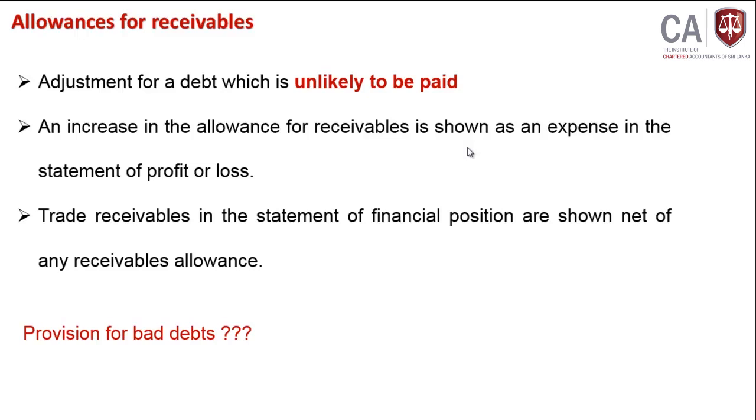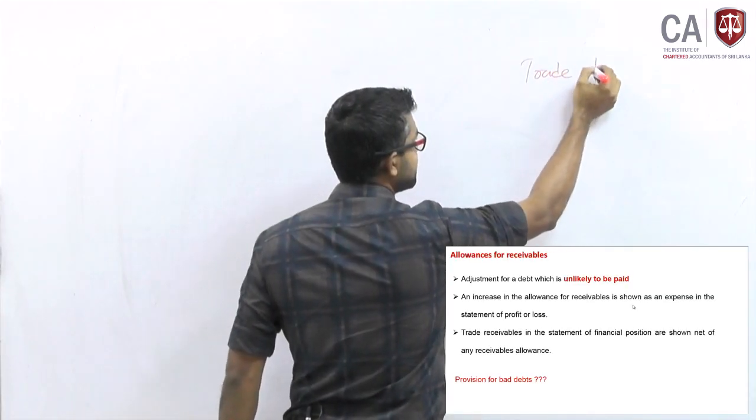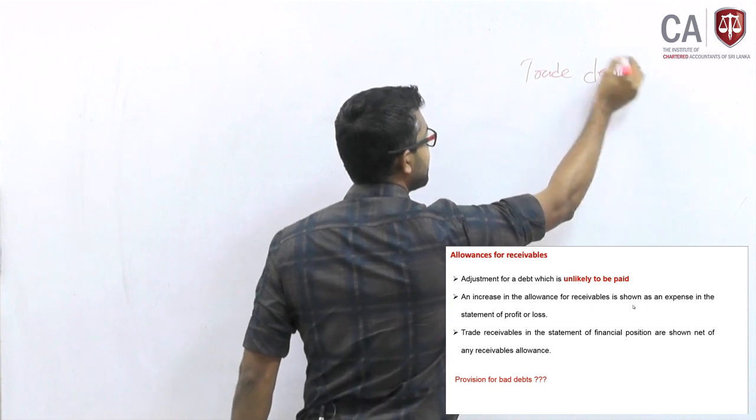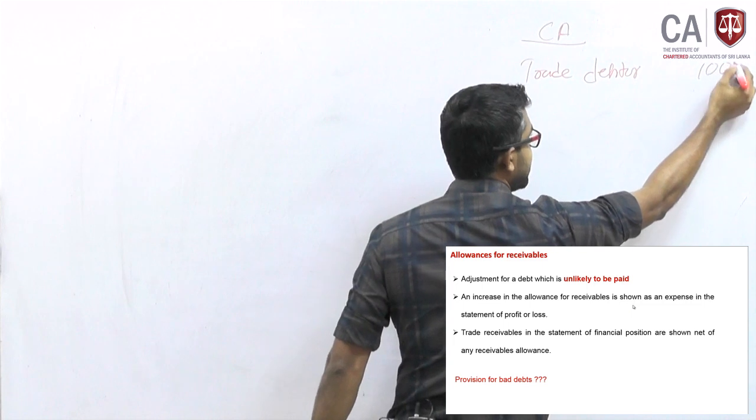In your balance sheet, you have trade debtors under current assets. Let's say 100 in my example.